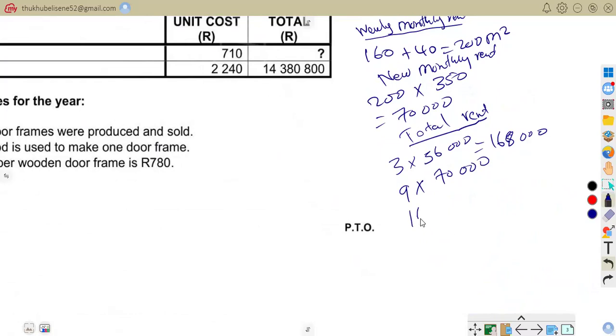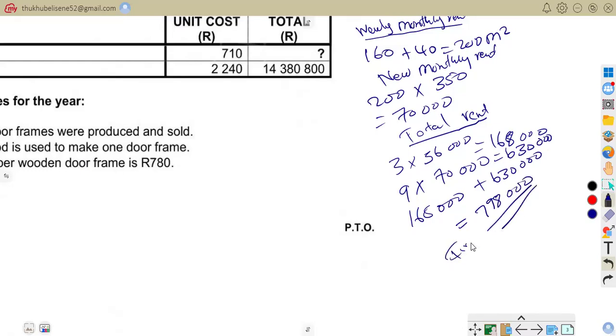So we're going to say 168,000 plus the amount that we get from here, which is 630,000. So 168,000 plus 630,000 will give us the final answer of 798,000. So this is the final answer for our rent amount.